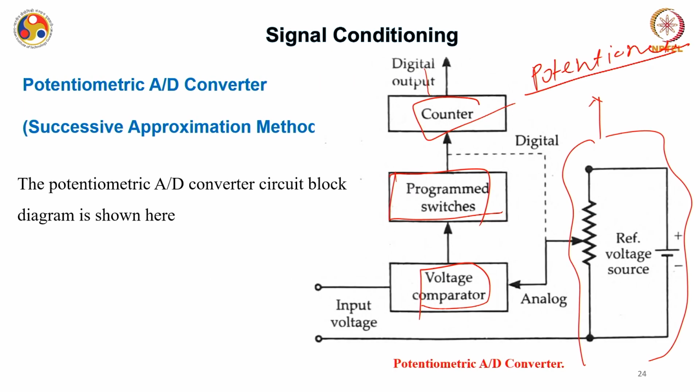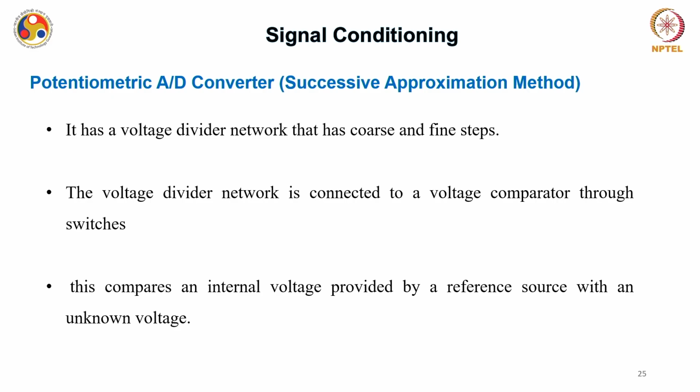Now this potentiometer looks like a voltage divider. We know that potentiometers work on the voltage divider principle, so it has a voltage divider network that has coarse and fine steps.